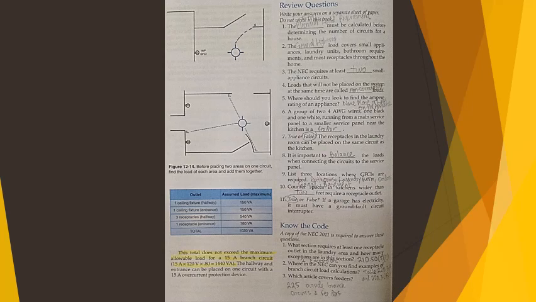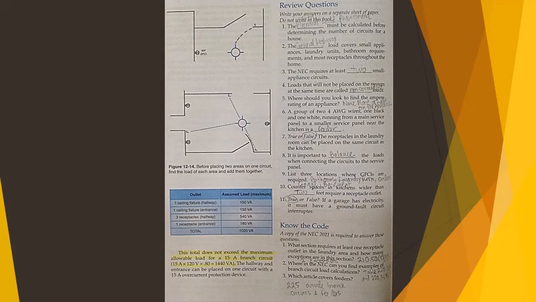Loads that will not be placed on the system at the same time are called non-coincident loads. Where should you look to find the ampere rating of an appliance? The answer is the nameplate or label of the appliance.